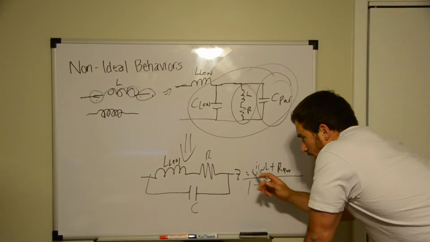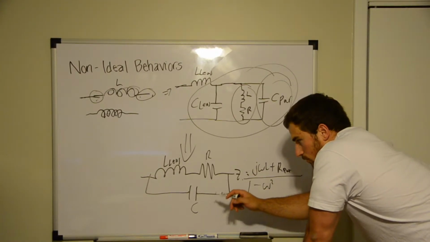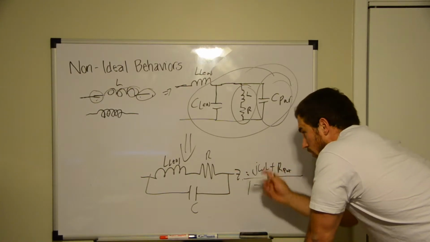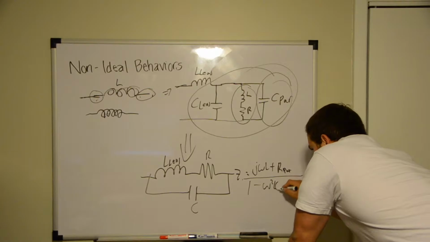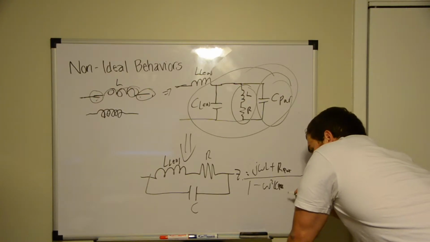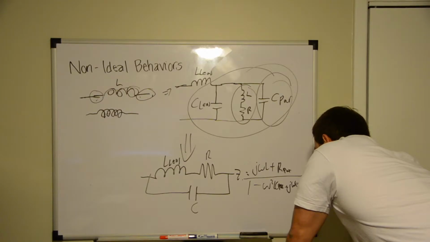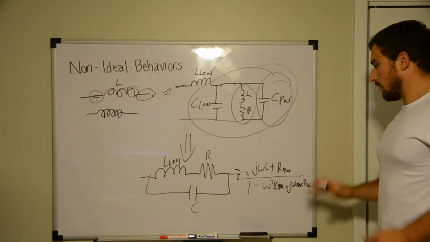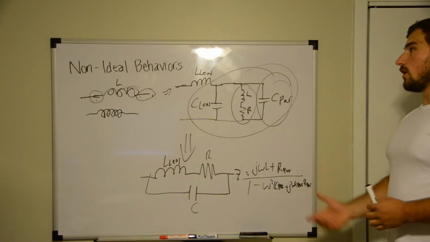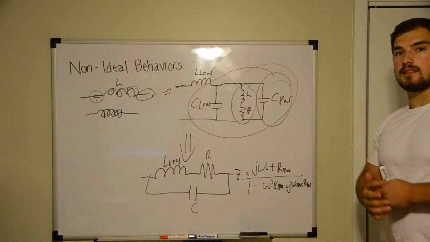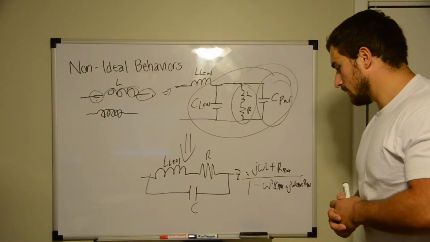That's because the capacitor is 1 over j omega C and the inductor is j omega L. That's where this minus sign comes from. I know it's going to be hard to see down there, but this is basically the equation for the inductor to get its impedance at the non-ideal behavior point.